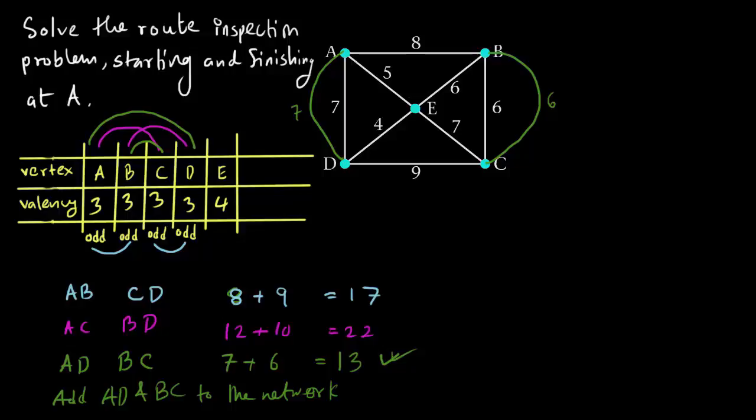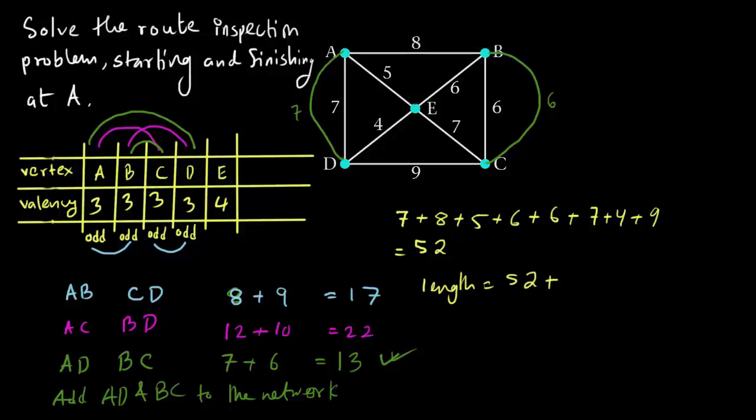So the total weight should be 7 plus 8 plus 5 plus 6 plus 6 plus 7 plus 4 plus 9, and this is 52. So the length is going to be 52 plus the 2 arcs we added.